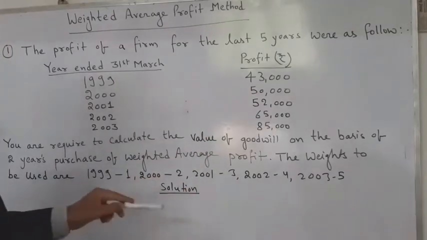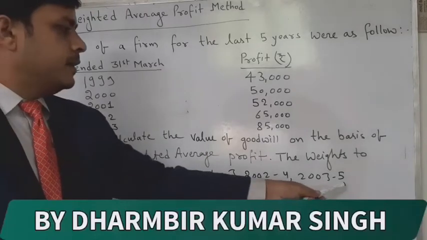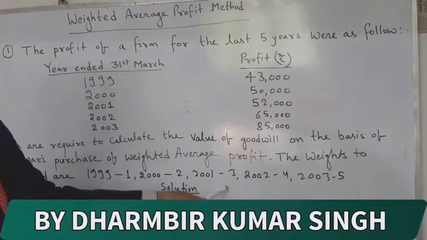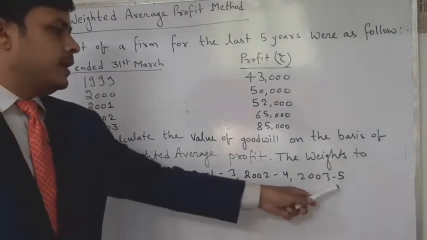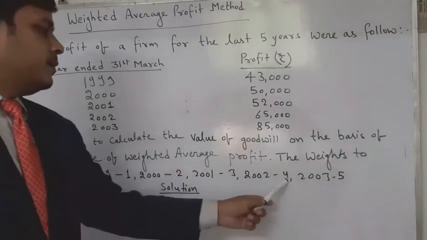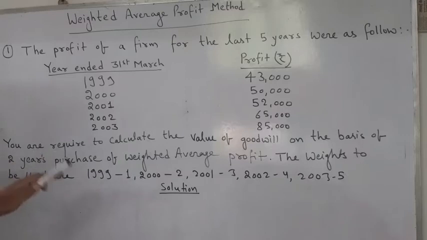We add them: 5 plus 4 plus 3 plus 2 plus 1, that is 15. This is the difference between the weighted average profit method and the simple average profit method.